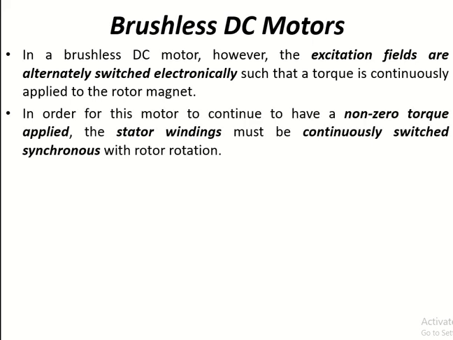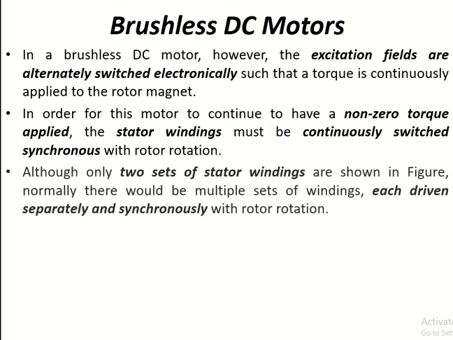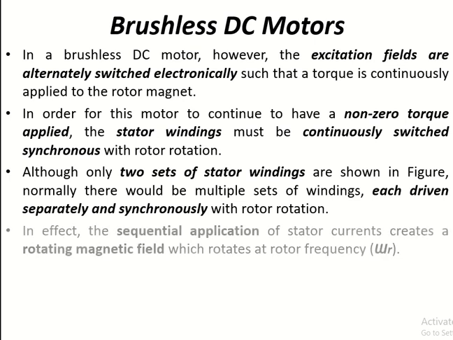In order for this motor to continue to have a non-zero torque applied, the stator winding must be continuously switched synchronous with rotor rotation. Although only two sets of stator windings are shown in this figure, normally there would be multiple sets of windings, each driven separately and synchronously with rotor rotation. So for simplicity of understanding, only two sets of stator windings are taken here.